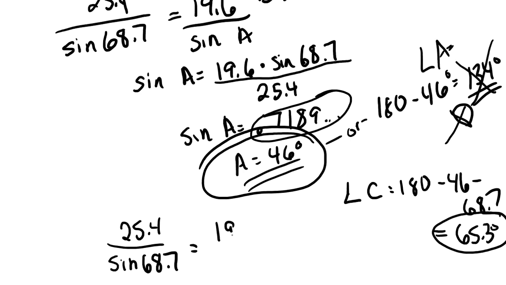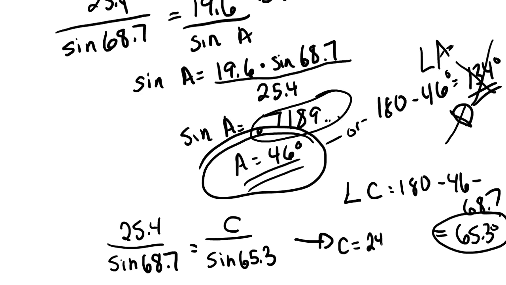That's going to equal, I need to find side C, so it's going to be side C over sine of 65.3. Once you're finished calculating that, that's going to give you side C equal to 24.8 inches.